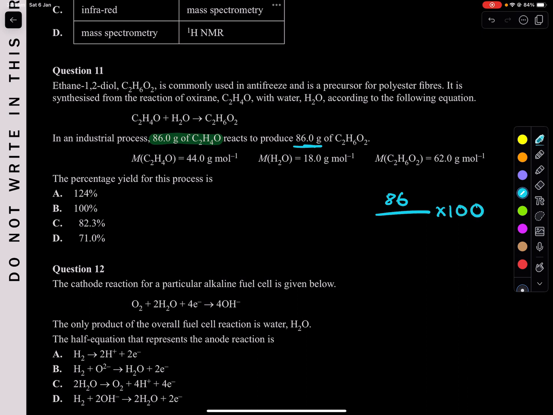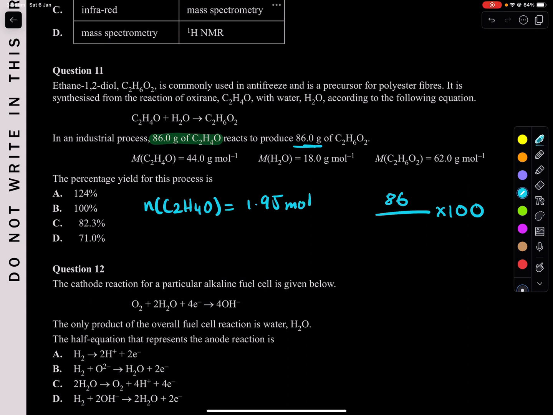Let's calculate the theoretical yield. Let's find the number of moles of C2H4O, which is going to be 86.0 grams divided by its molar mass, which we are given is 44. So what's 86 divided by 44? That's going to be 1.95 mole.